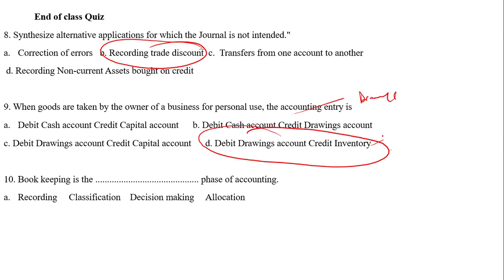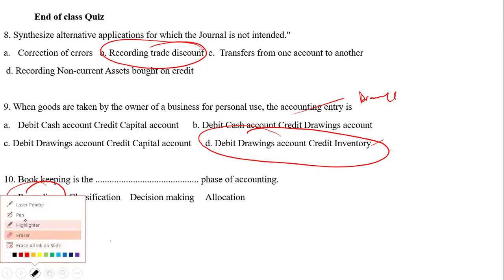Then bookkeeping in the field of accounting is the first phase of accounting, the recording, classifying, and so on. So the answer is recording. So that is A.